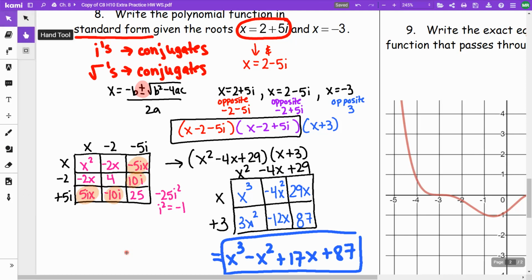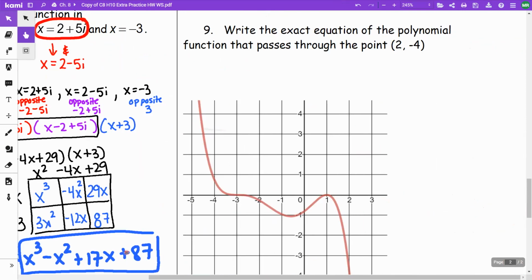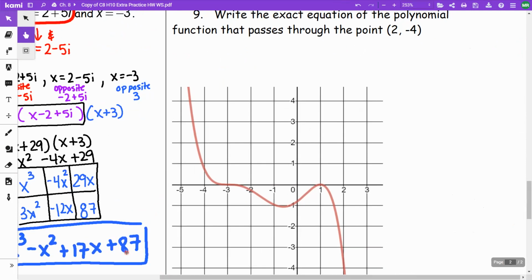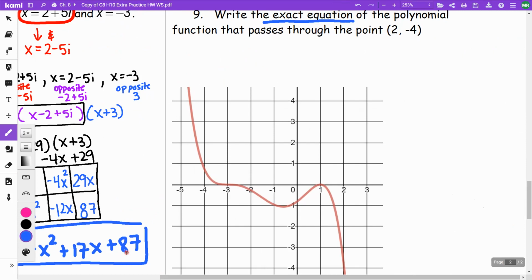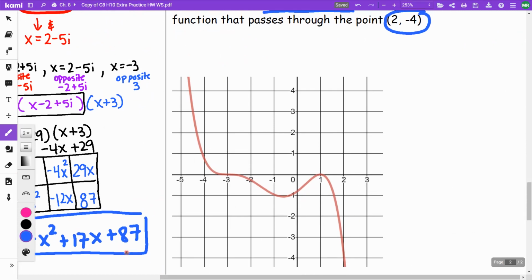On number 9. So on 9, they want us to find the exact equation. Okay. So exact equation, and they gave us a point. That's the point we're going to put in. Looking at this, it's ending and starting in opposite directions. That's going to be an odd degree.